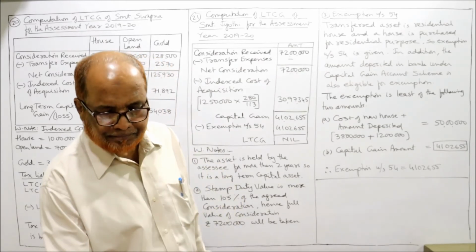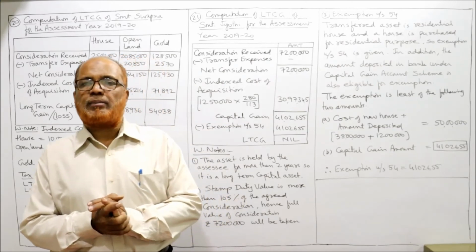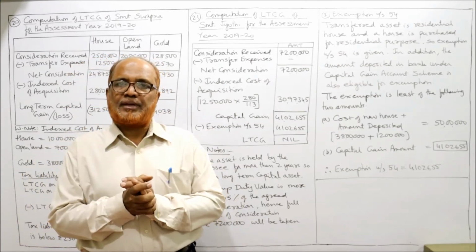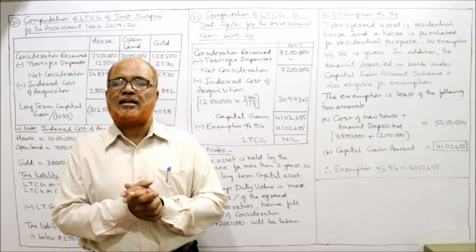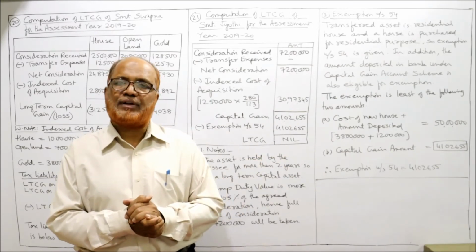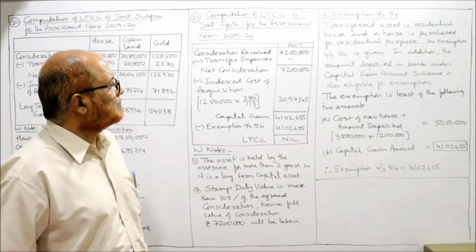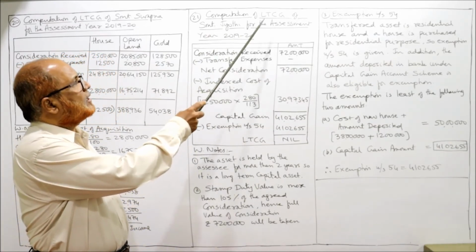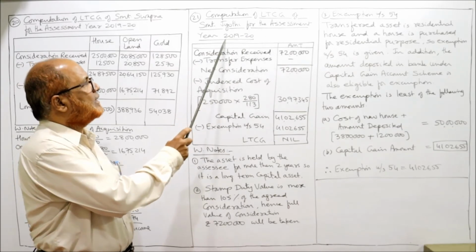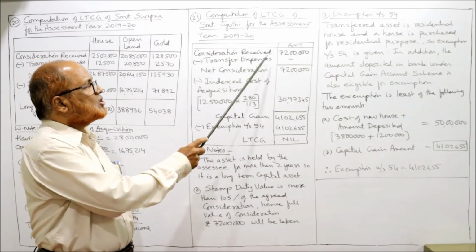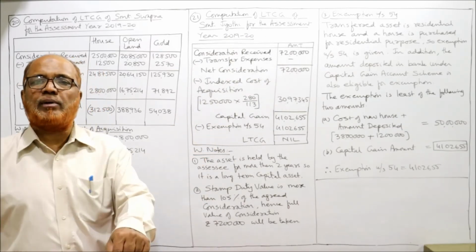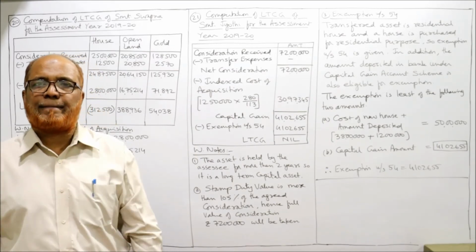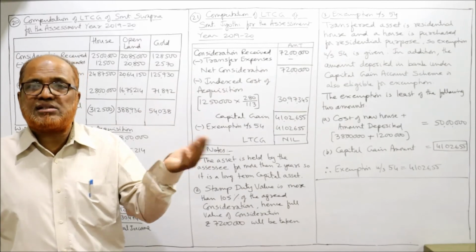Now see, the new point in this problem is regarding stamp duty, and the second new point is regarding the exemption under section 54. Now see carefully. Computation of long-term capital gain of Srimati Jyoti for the assessment year 2019-20. Consideration received 72 lakh. In the problem, actual consideration received is 60 lakh, but the government valuation is 72 lakh.